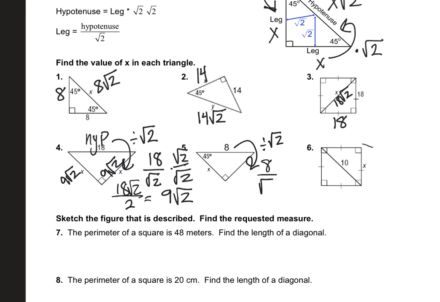But it shouldn't be too hard to fix it on your own. 5.656. It can't be in a decimal. So you have to multiply the top and the bottom, if you don't have the calculator that does radicals, by radical 2. You get 8 radical 2 over 2, which gives you 4 radical 2.